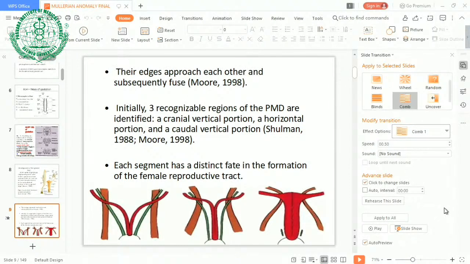Their edges approach each other and subsequently fuse. Initially, 3 recognizable regions of the paramesonephric duct are identified: a cranial vertical, horizontal portion, and a caudal vertical portion. Each segment has a distinct fate in the formation of female genital tract.